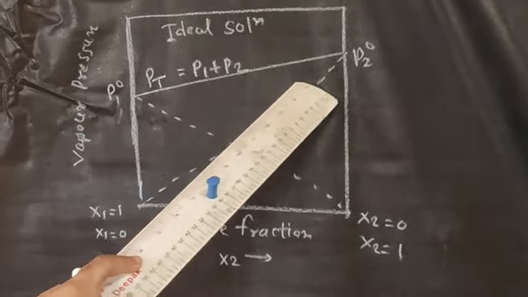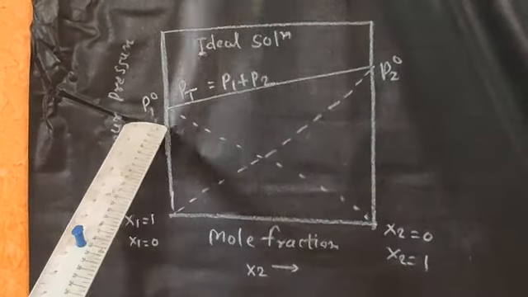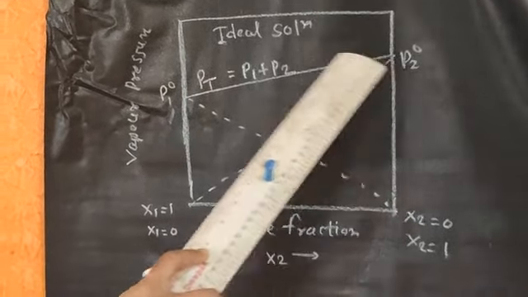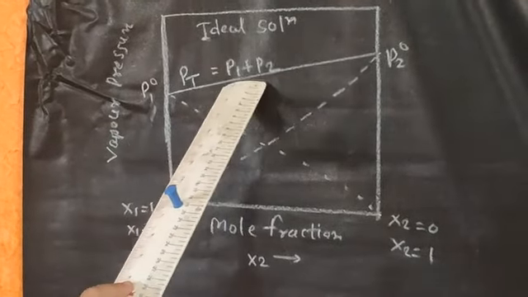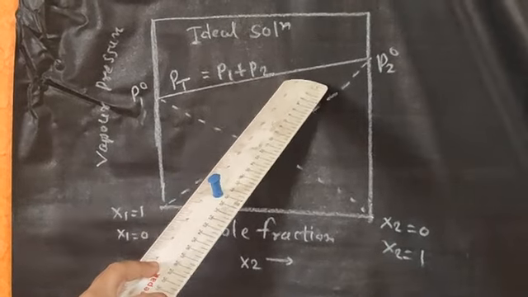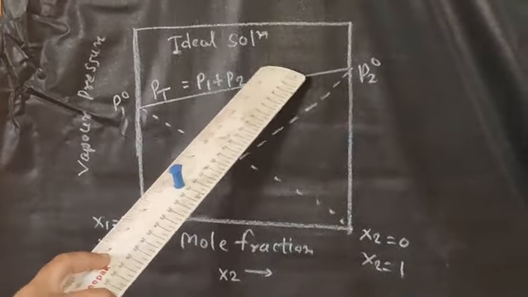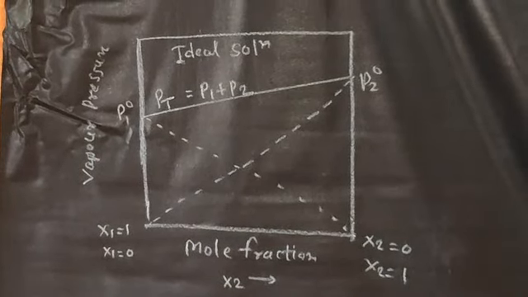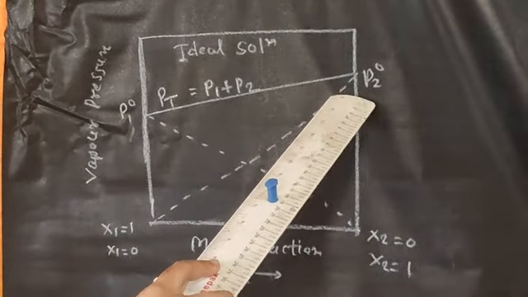The graph is a straight line, because the two pressures P1⁰ and P2⁰ are constant. Hence the total pressure P1 plus P2 is a straight line, which denotes an ideal solution.